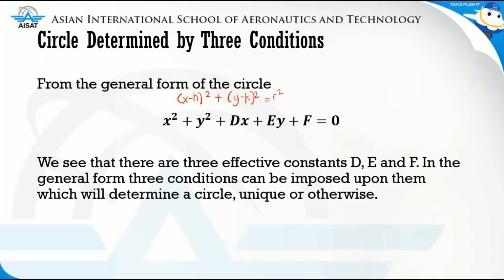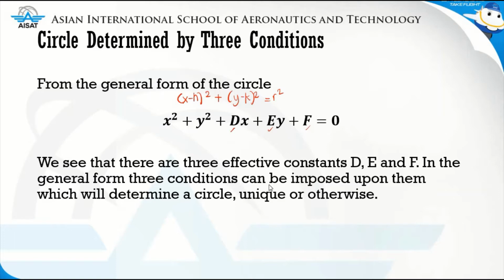If we square the binomials x minus h and y minus k, we get x squared plus y squared plus dx plus ey plus f is equal to 0. We see that there are 3 effective constants, which are d, e, and f. In the general form, 3 conditions can be imposed upon them, which will determine a circle, unique or otherwise.